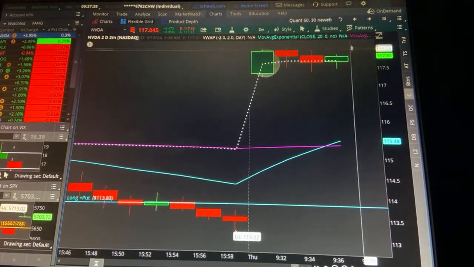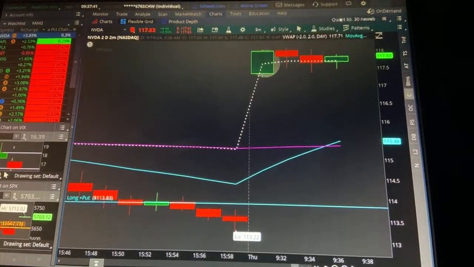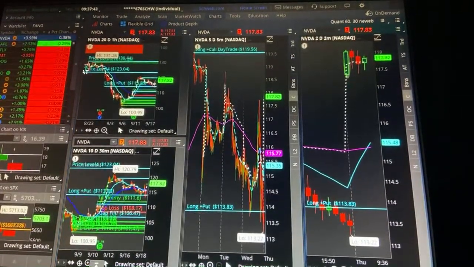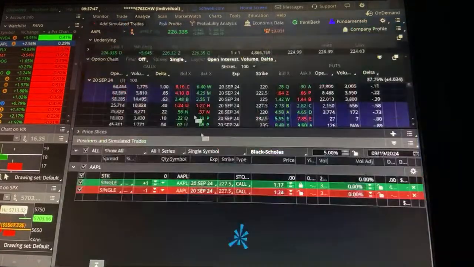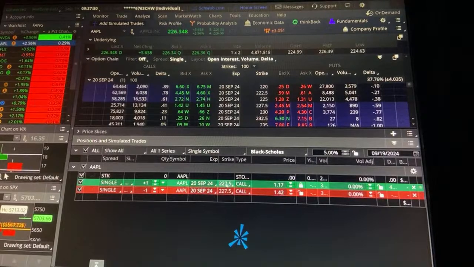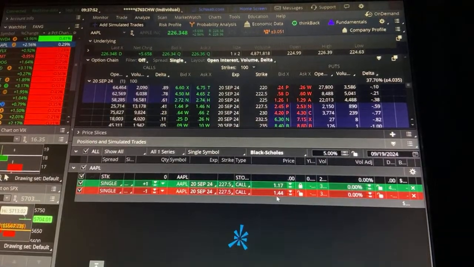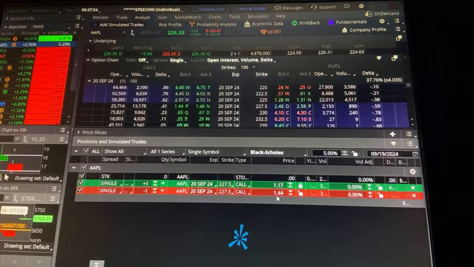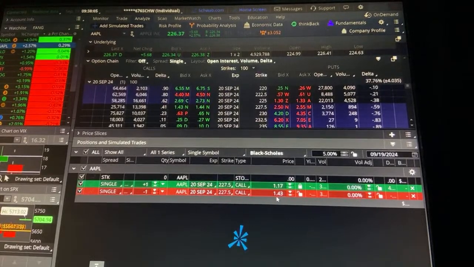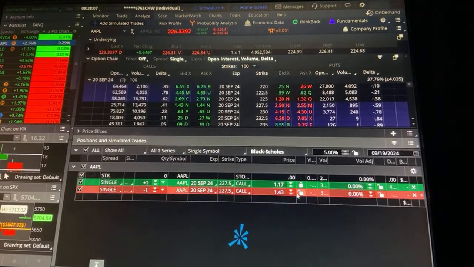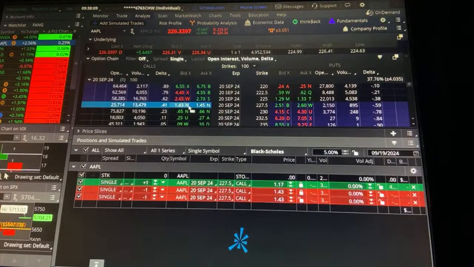Trying to do something here. All right, Apple's already popping new highs here. You can either take some profit on this, 227.5, TP of Apple. TP means take profit. All right, from 117 to 143, just sold some off there.